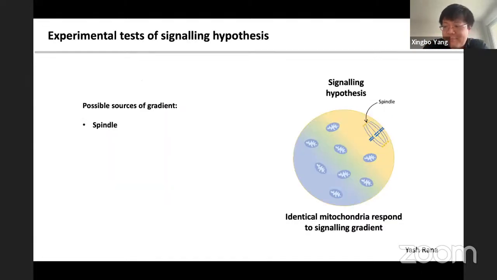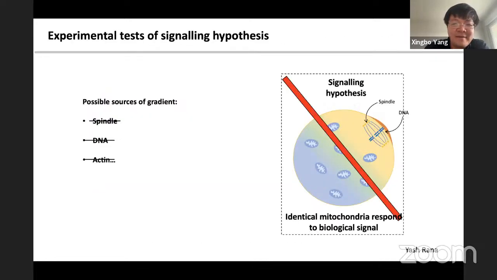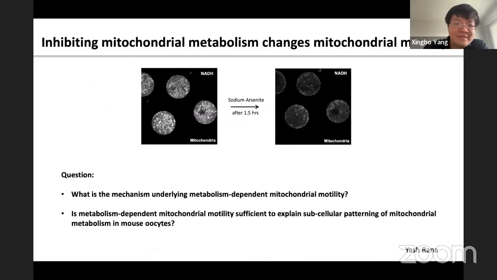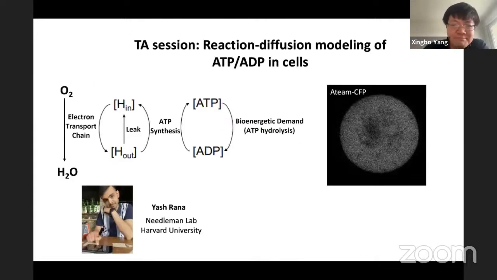I guess I'm running out of time, so maybe I'll just wrap up. As you can see, this is a very cool project from Yash, so talk to him. He will lead the TA session, where he will talk about reaction diffusion modeling of ATP and ADP in cells.